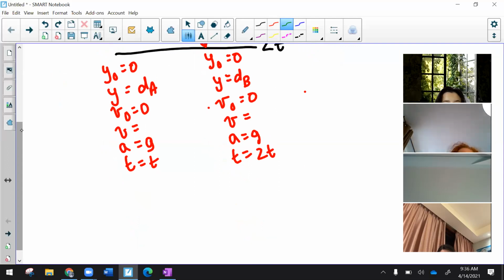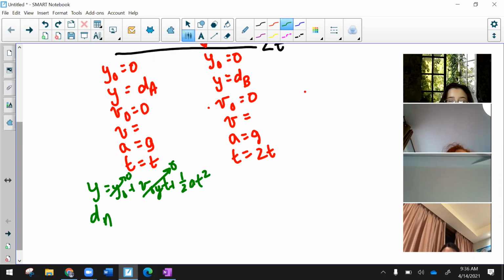So I really only have enough information for y is equal to y0 plus v0t plus 1/2 at squared. So this is 0 and this is 0. So this is dA is 1/2 gt squared, or t squared is 2dA over g.